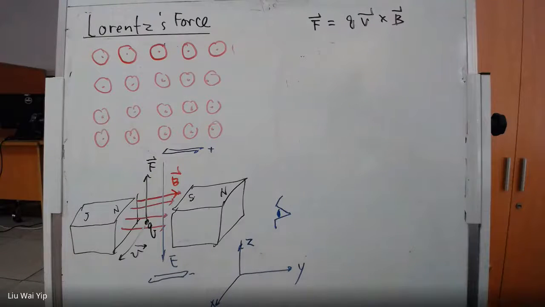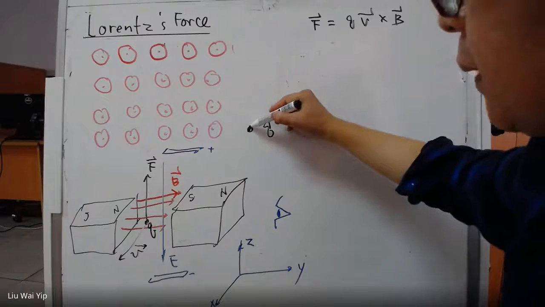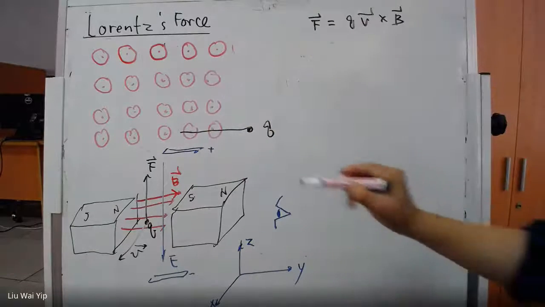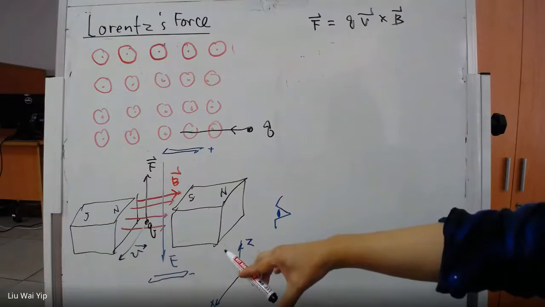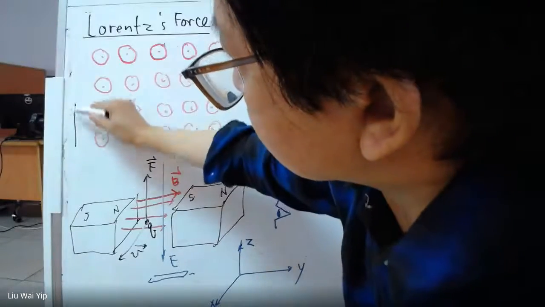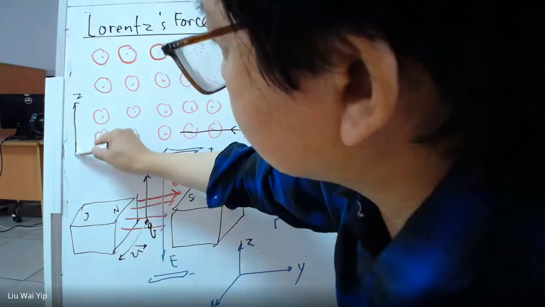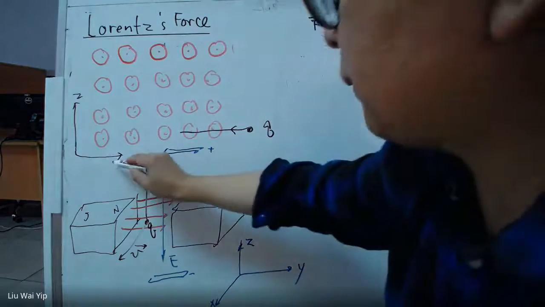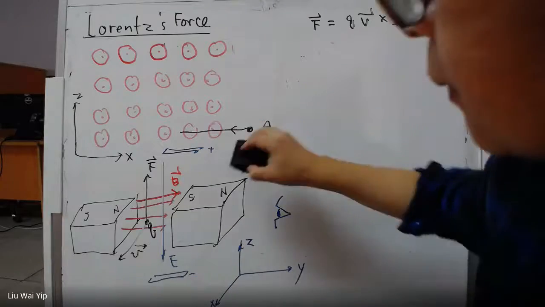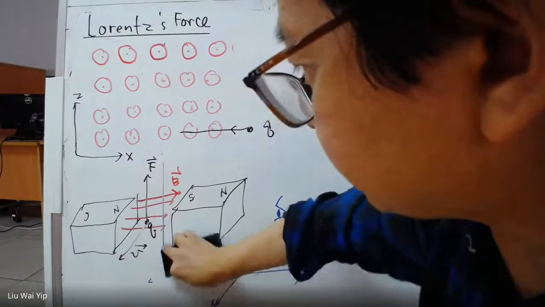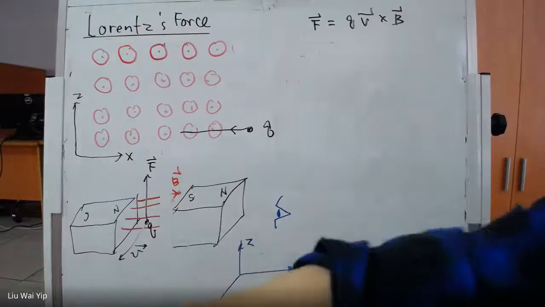So if you have a charged particle moving along the x direction, let's write down the direction on the vertical side is z, and the axis in the x direction is here. We don't need this electric field.